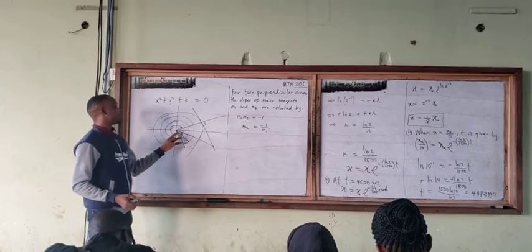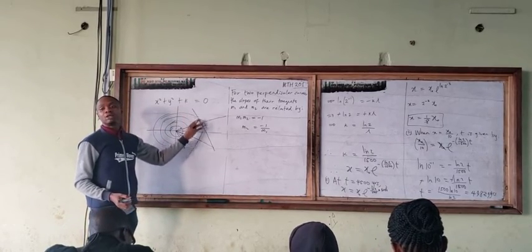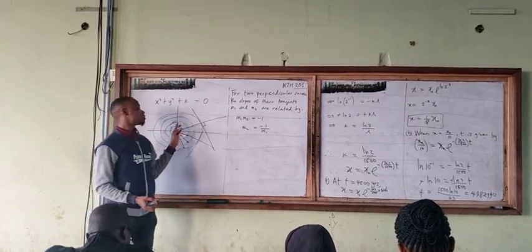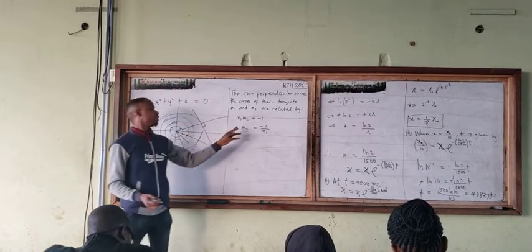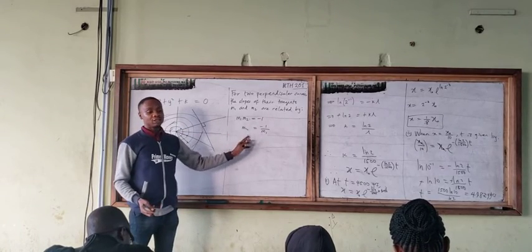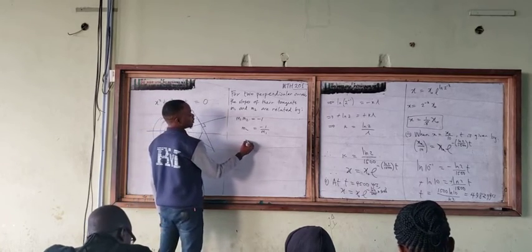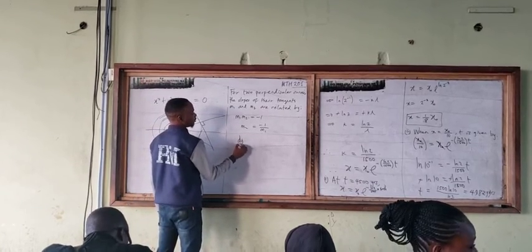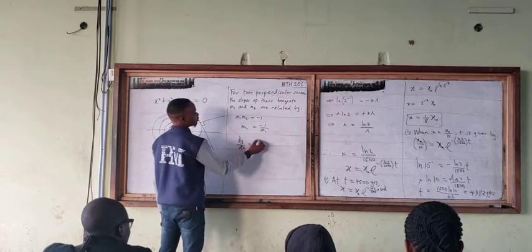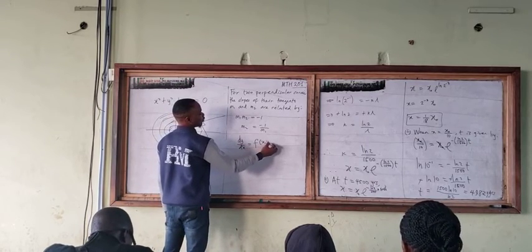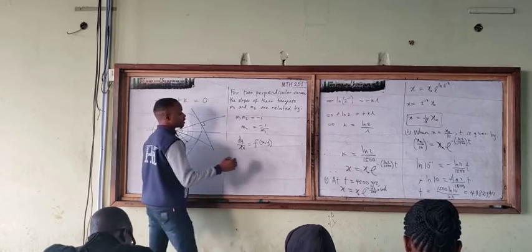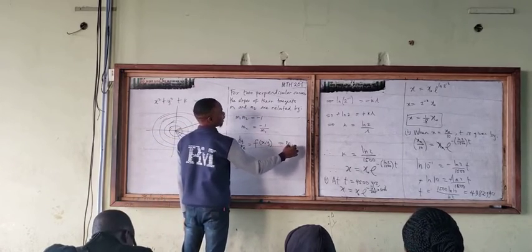If I have a family of curves and I want to get the orthogonal trajectories, I will get the slope of the family of curves and then use that to get the slope of the orthogonal trajectories. Are we together? So if I'm given a family of curves, I will differentiate such that I will get the dy dx to be some function that carries x and y. When I have differentiated, this is going to be my m1.